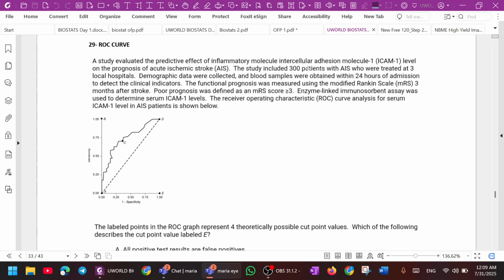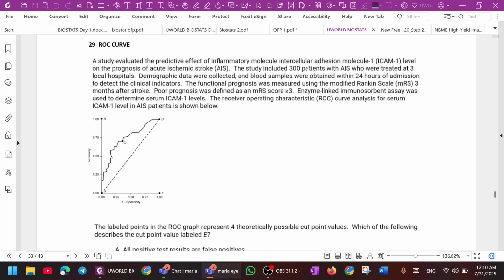Demographic data were collected and blood samples were obtained within 24 hours of admission to detect the clinical indicators. The functional prognosis was measured using the modified Rankin scale, mRS, 3 months after the score. Poor prognosis was defined as a modified Rankin score of 3 or more. Enzyme-linked immunosorbent assay was used to determine serum ICAM level.